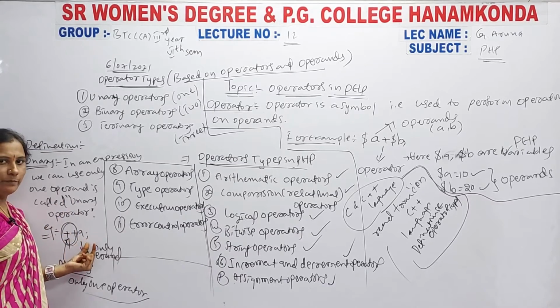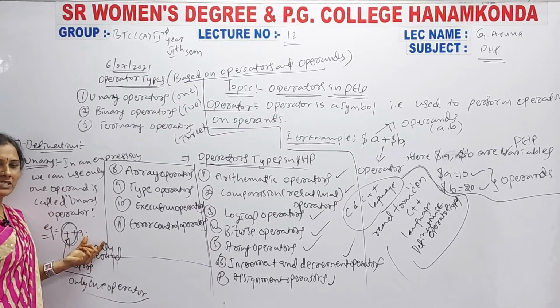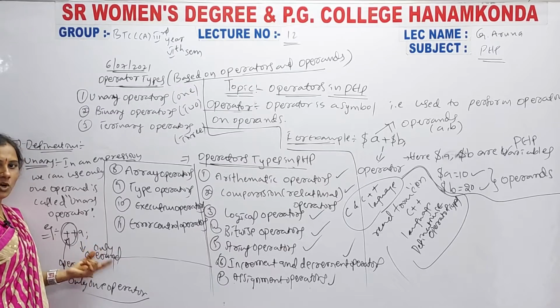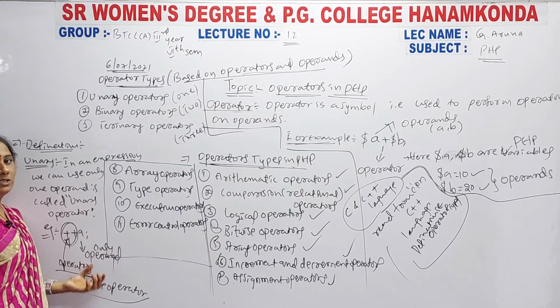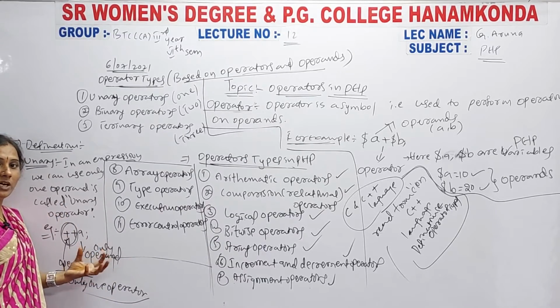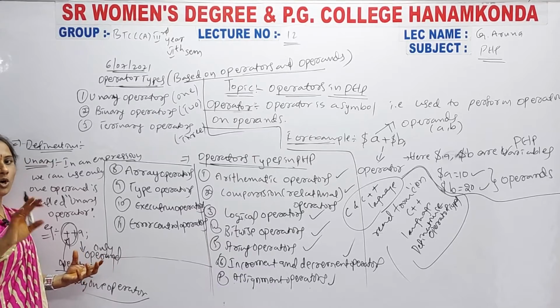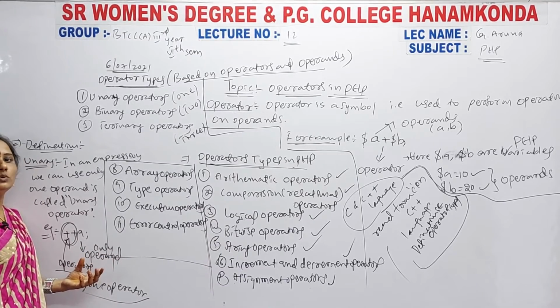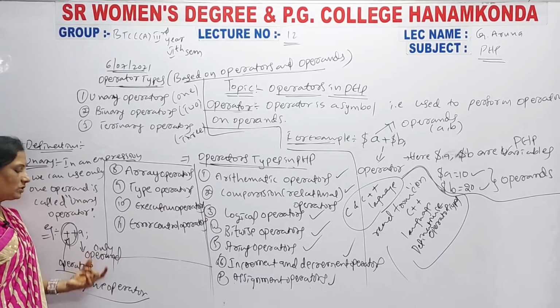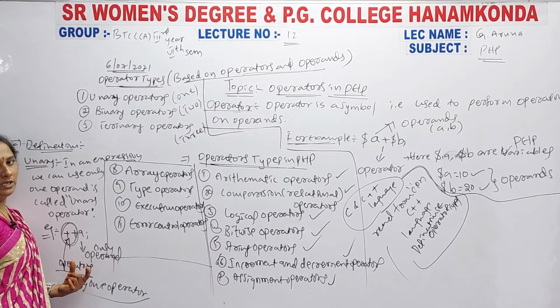Example, plus plus a. Here a is the operand, only one operand, and plus plus is also only one operator. So that's why this is called a unary operator.